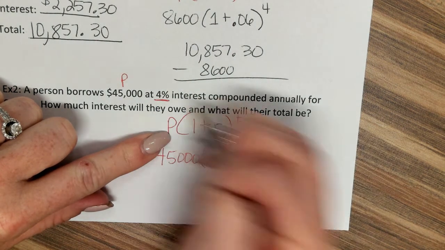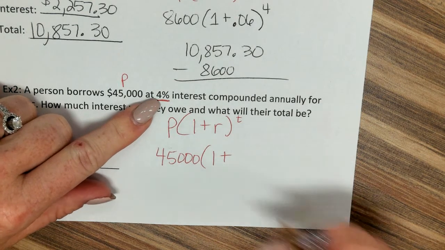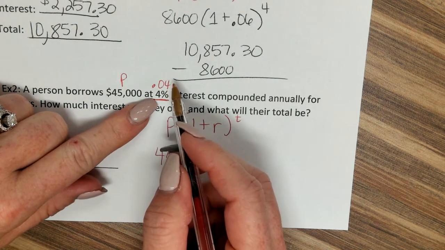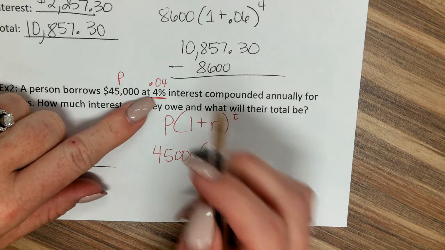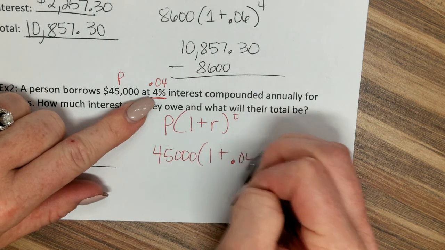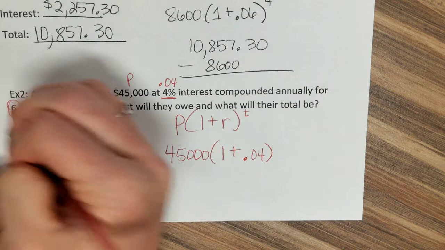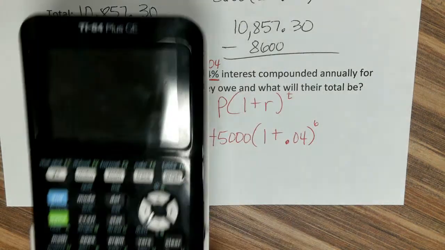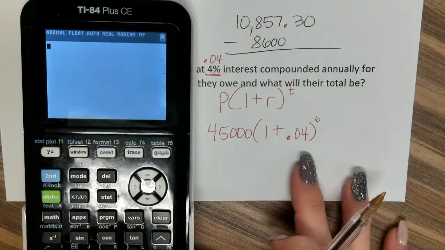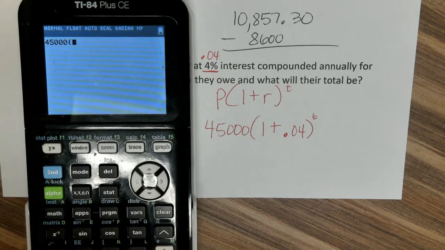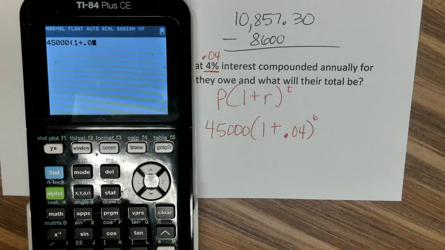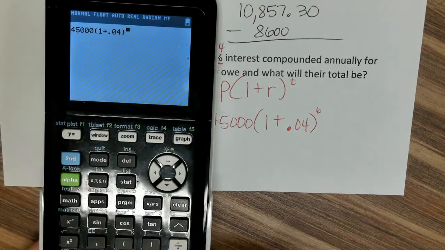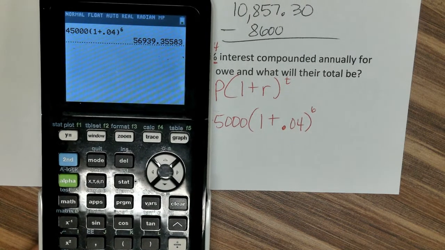Plus, I had to change this rate, this percent, to a decimal. When I do that, you guys are doing a really good job, but then you're getting clumsy and putting like 0.4 in your calculator. You have to put 0.04. And then the time is an exponent. That's a tiny number up there, and then you just type that in. So 45,000, open parentheses, 1 plus 0.04, close parentheses, and make sure you're using this button to get up to that exponent. And that is your total amount that you're going to owe.